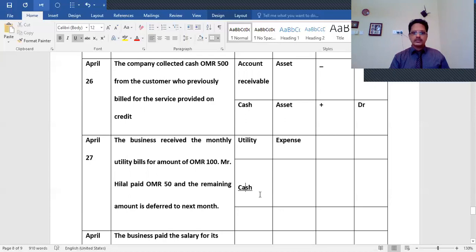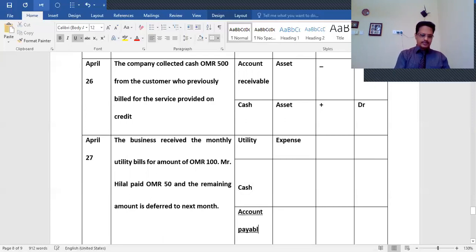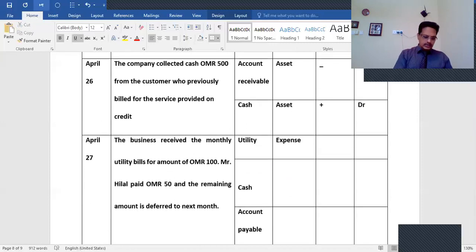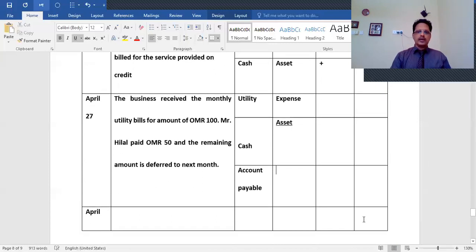One is cash, and another is account payable. Any amount you have to pay later is your account payable, or your liability. So cash is an asset, and account payable, as you know, is a liability.